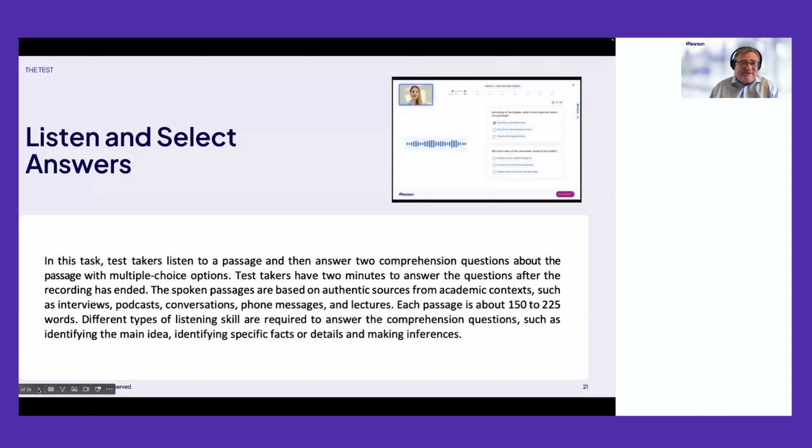Again, this is a very important skill for anybody in an academic context, or in any context really, where you've got to understand what the other speaker says, and understand it in quite some detail. Obviously these questions vary in difficulty. Some are low intermediate, some mid intermediate, some high intermediate. So you can set the questions at different levels and see whether the test taker can answer those.